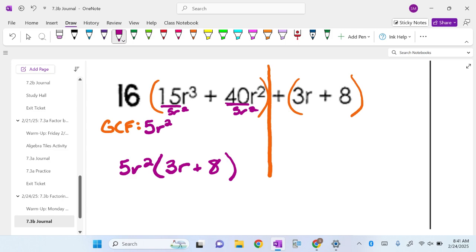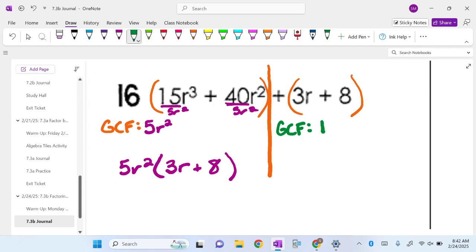Now, think carefully about this. If you were to eyeball the second group, is there a GCF at all? No. Now, we can't say that it's nothing because we still need some type of GCF to pull out to make this work. If there is not a GCF, that means the only thing that those two terms have in common is a GCF of 1, because it goes evenly into both.